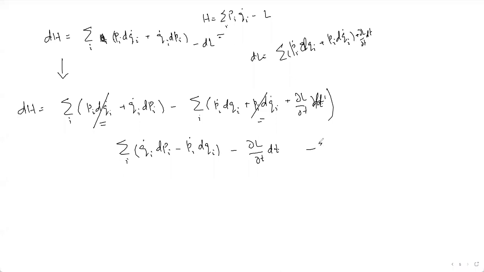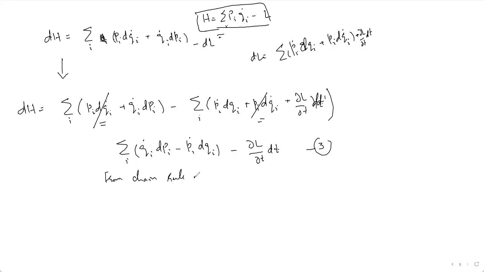You can name this as equation three. Now, from the chain rule of differentiation, I can also define this dH, because H is defined as this.